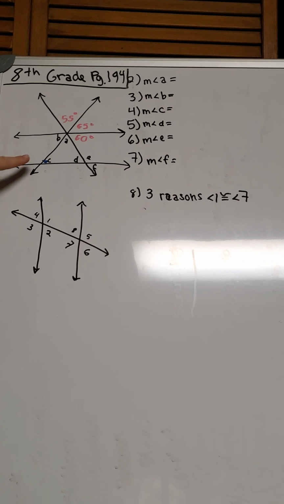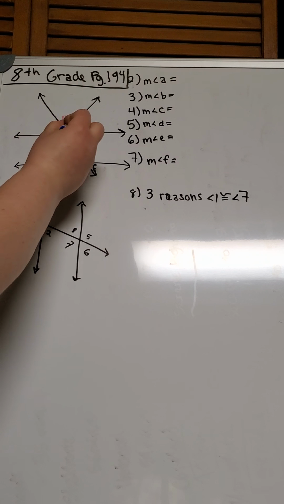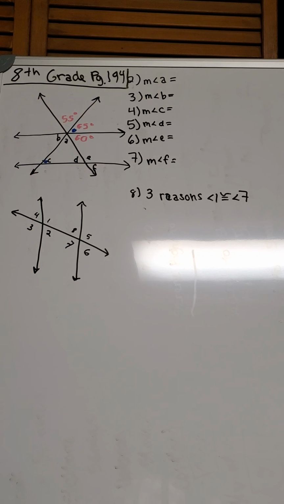As I follow this transversal, ignoring the other transversal, up to where it intersects the other parallel line, the angle that corresponds to the one I put in blue is this 65-degree angle that is in the same location, the top right. So again, I'm completely ignoring that second transversal to come up with those two corresponding angles. So that's one angle relationship.